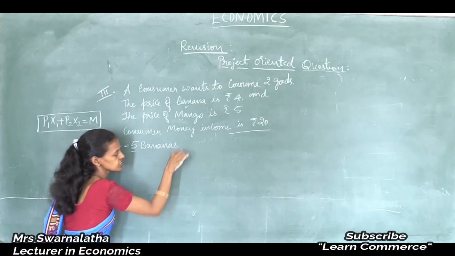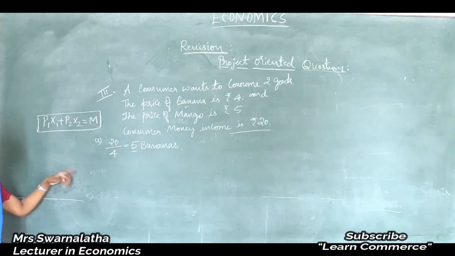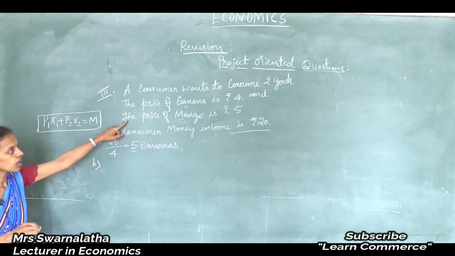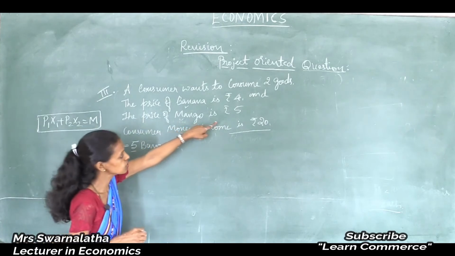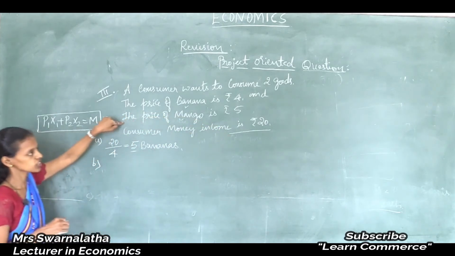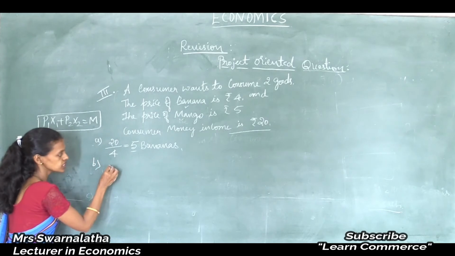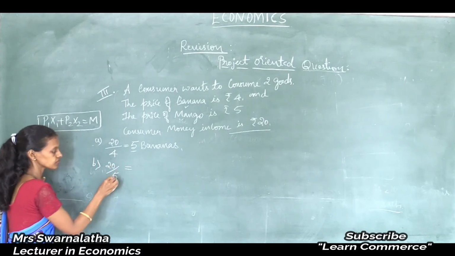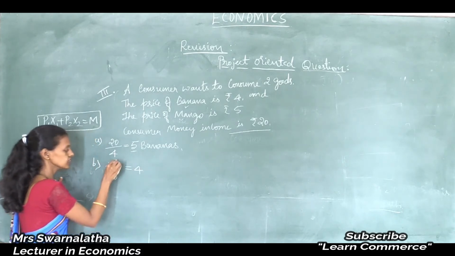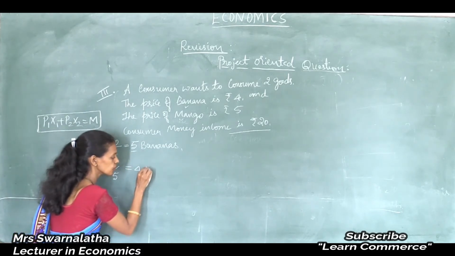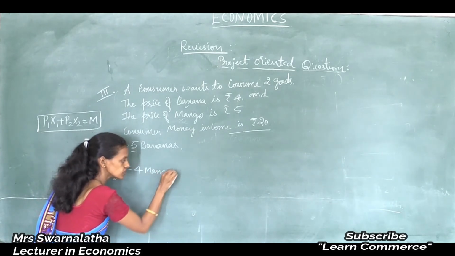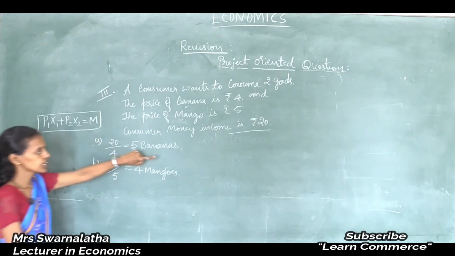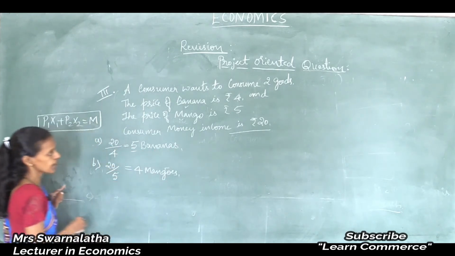Next, how much mangoes can she consume if she spent entire income on the particular good? Consumer income remains constant, that is 20. Thus 5 fours are 20, so 4 mangoes she can consume. Thus 5 bananas, 4 mangoes.